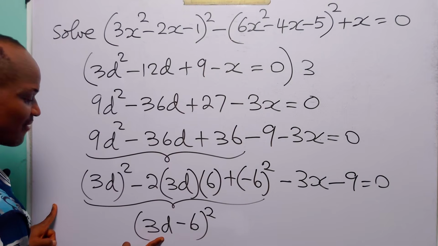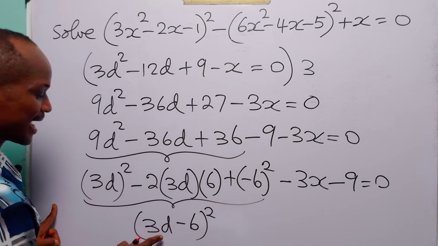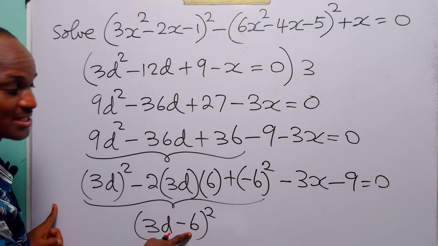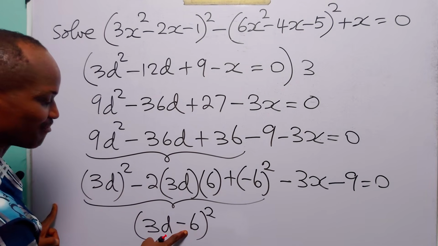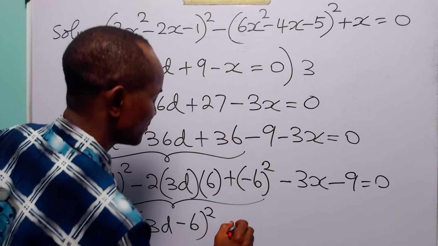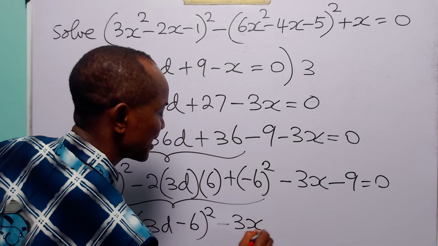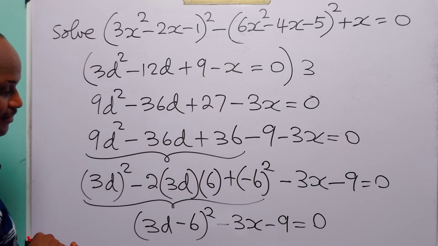When we expand this, we have 3d squared, which is exactly what we have here. Then we have 2 times 3d times minus 6, which is what we have in the middle term. Then finally, we have minus 6 squared, which is what we have here. Then we have minus 3x minus 9, and this is equal to 0.